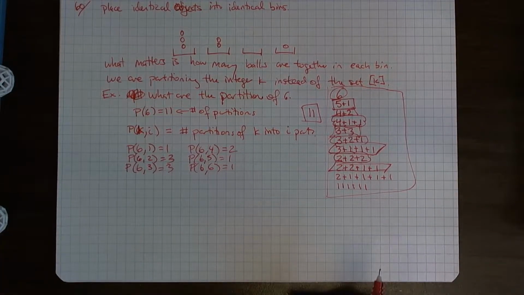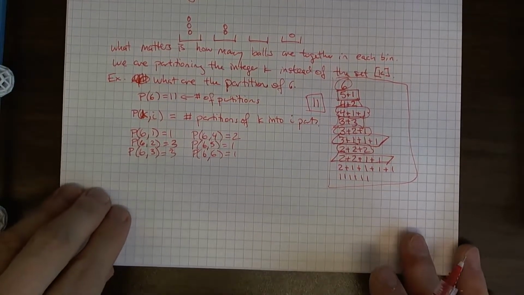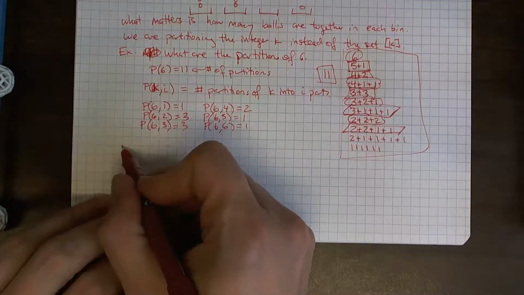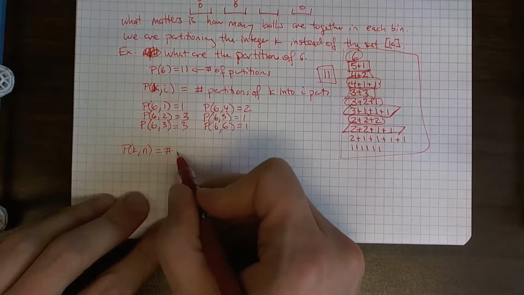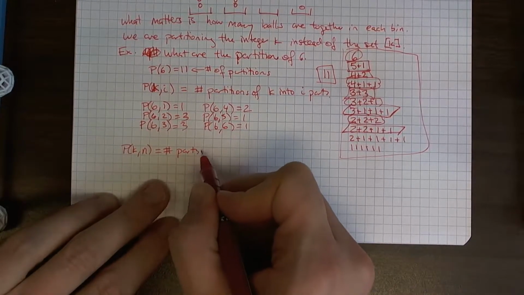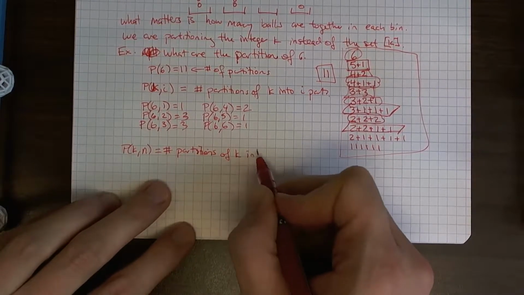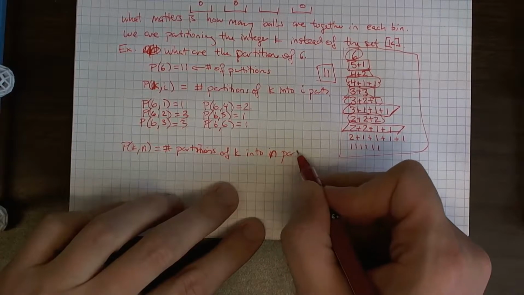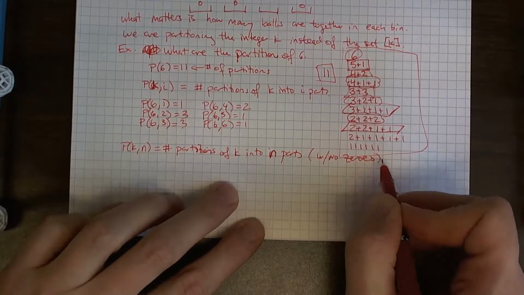All right. So let's use this and fill out our chart. So we've decided that p k n is equal to the number of partitions of k into n parts with no zeros.